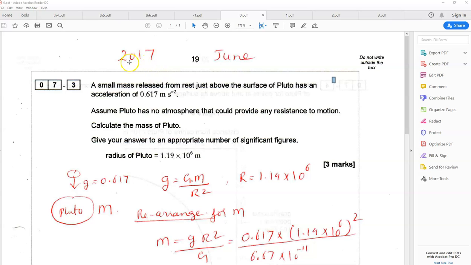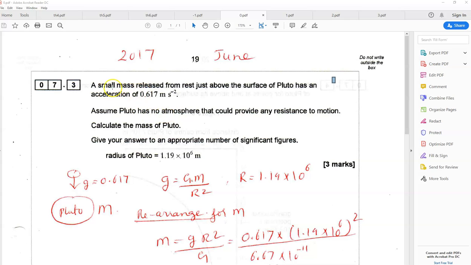So this question is from 2017 June. This is not again related to the gravitational force, but to the gravitational field, which I covered in my previous video. We know that the gravitational field g is equal to Gm by r square, where m is the mass of the object and r is the distance.